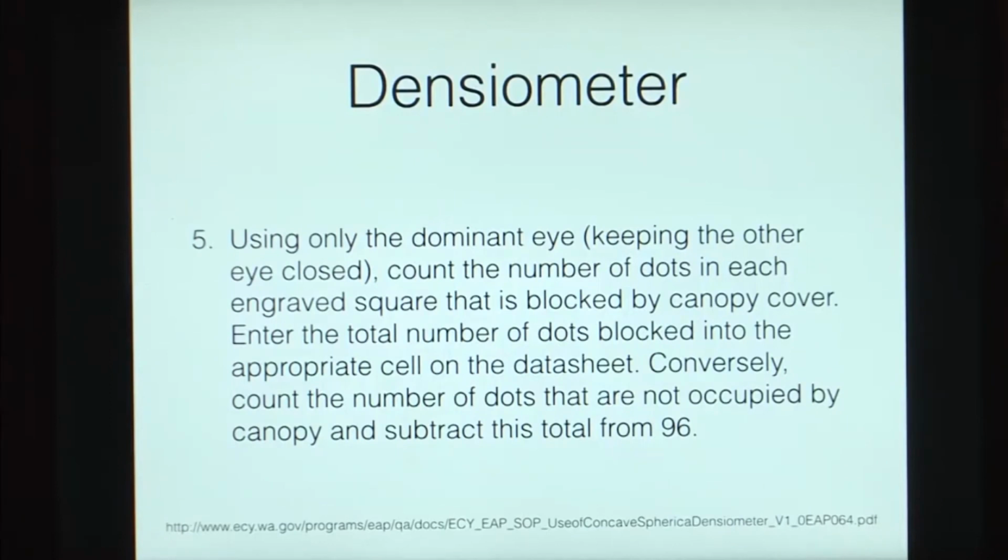For instance, if the maximum number of dots were covered with canopy, it might be easier to count the number of dots that are not covered by the canopy, and because the total number is 96, we can subtract it from 96 to get the number of dots that are covered by the canopy. So, using this device we can measure the canopy closure.